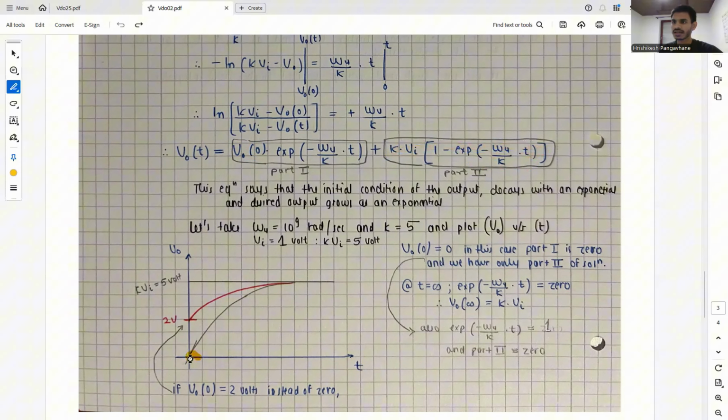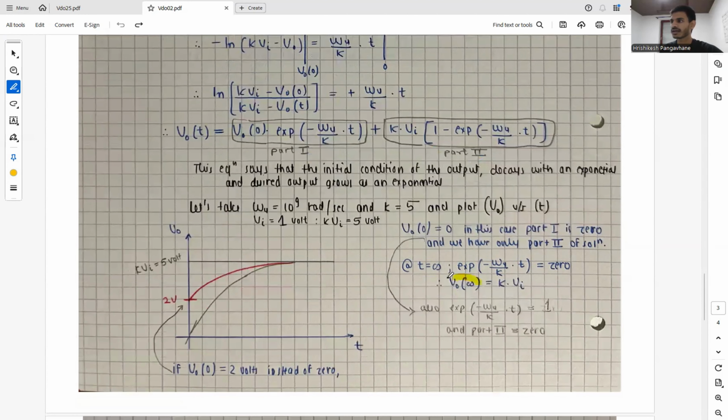Now at t equals infinity the exponential part becomes 0, so this total term becomes 0, and k vi times 1 remains. That's how we say that at infinity v naught or v out goes to k times vi, our desired value.